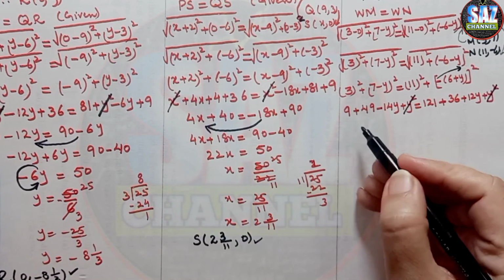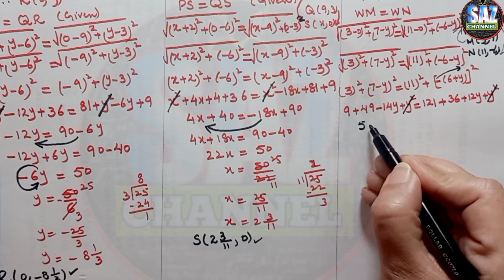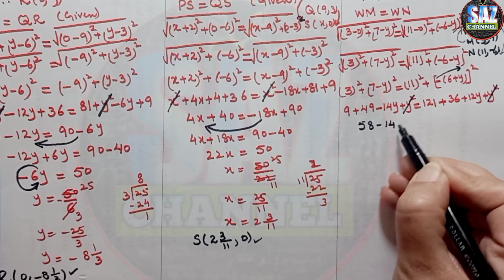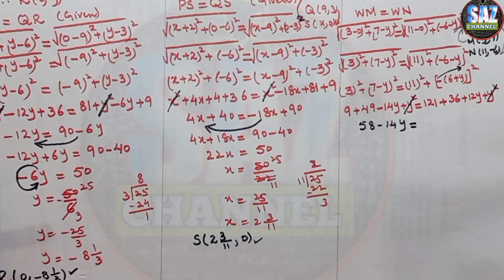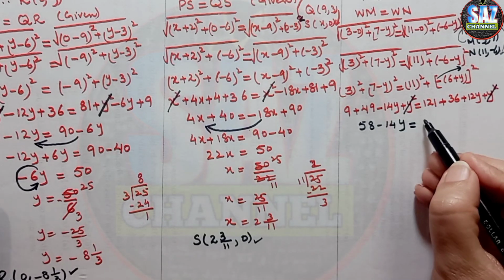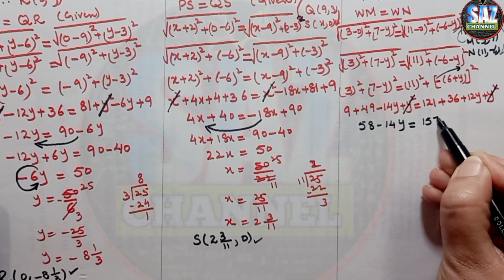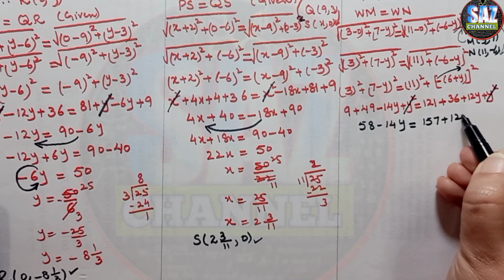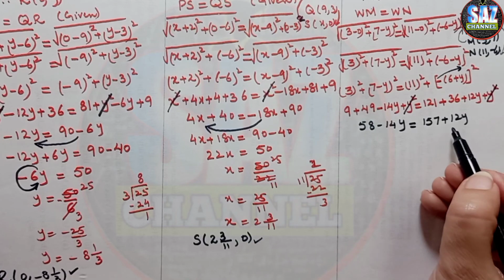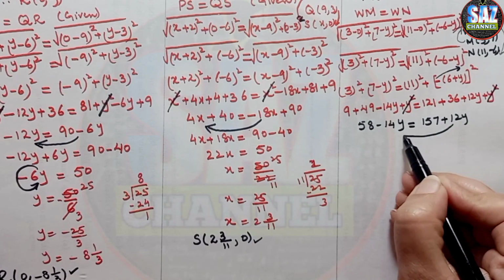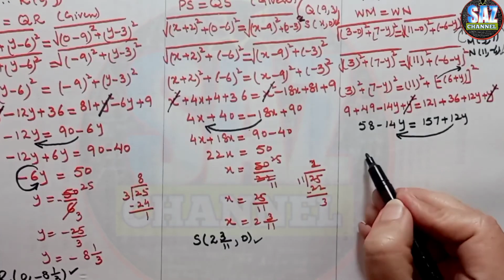58 minus 14y equals 121 plus 36, and that is 157 plus 12y. Now solve this simple linear equation by shifting like terms to the same side.